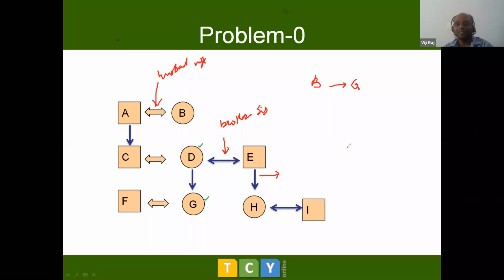I told you this earlier. You have to make a full sentence. Then only you will be able to arrive at the correct relationship, right? So if I'm asking you how is G related to I, you will say G is the cousin sister of I. Got it? Because many students make this mistake.